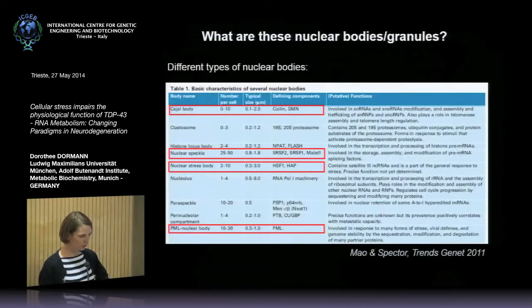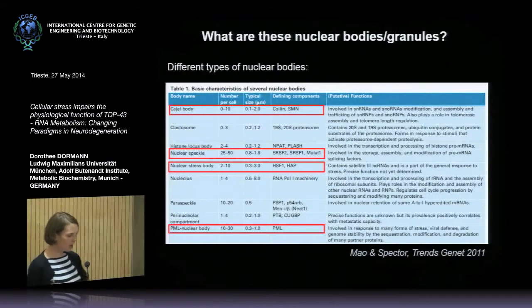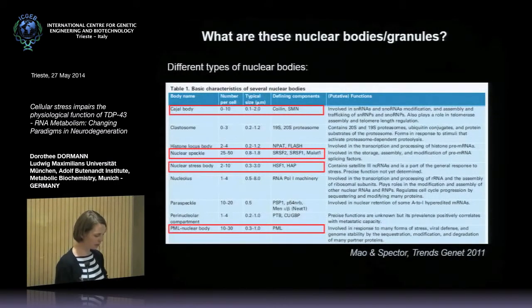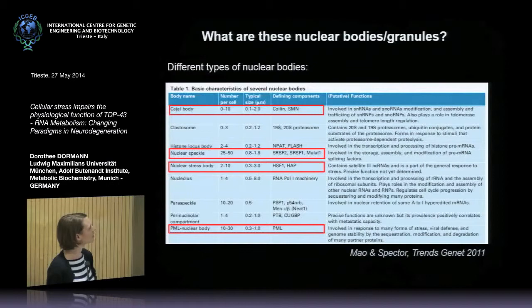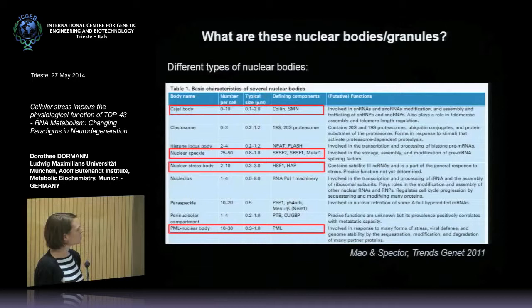We're, of course, wondering what these nuclear bodies or granules are. So we looked up some reviews on nuclear bodies, I read about the different types of nuclear bodies that we could test, and we chose these 4 bodies as potential candidates.